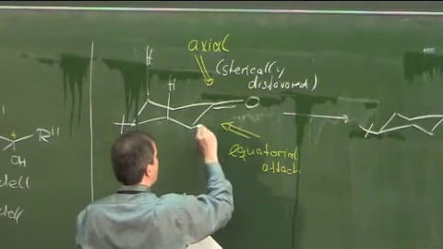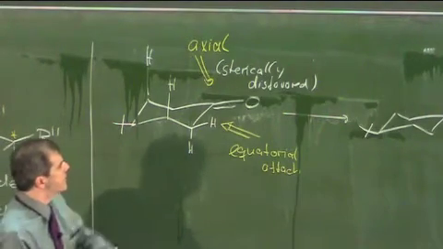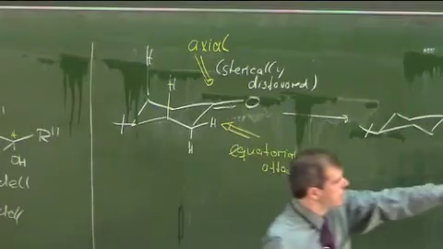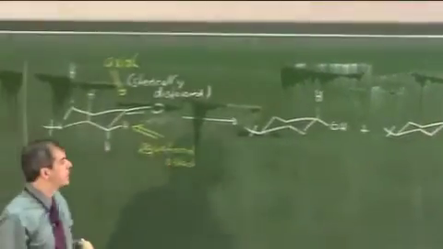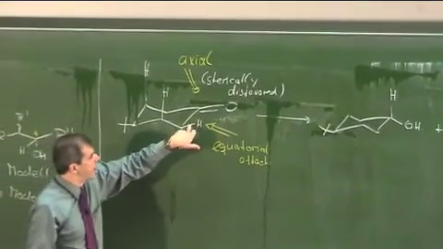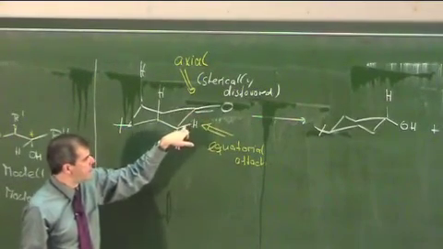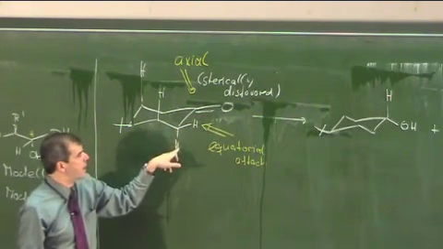With the equatorial attack, however, we have the problem that this carbonyl group, as it becomes axial, because we have an equatorial attack here, the hydroxyl group has to move, it has to pass by this equatorial hydrogen here. It's bisecting in the moment these two hydrogens.